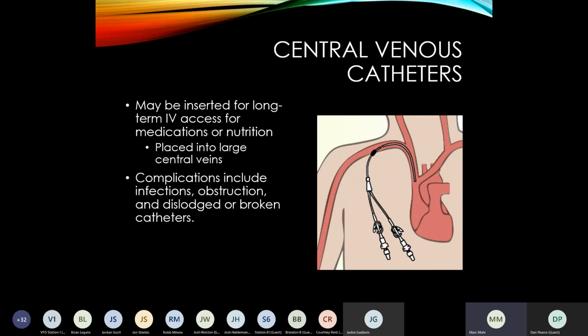It can be dislodged or broken. There may be an obstruction with this. Once again, these kids need to be transported. If there's hemorrhage associated with that, obviously that needs to be treated immediately, but these kids are transported for management of the catheter itself.